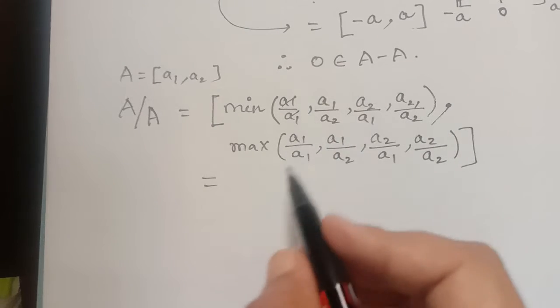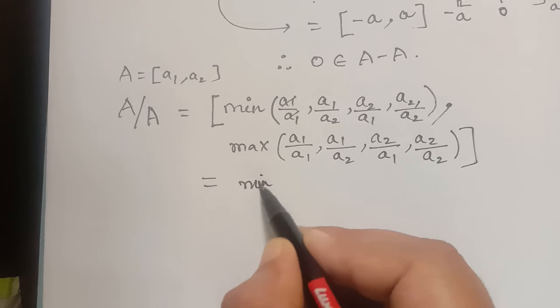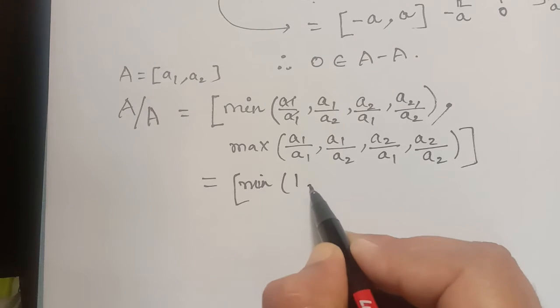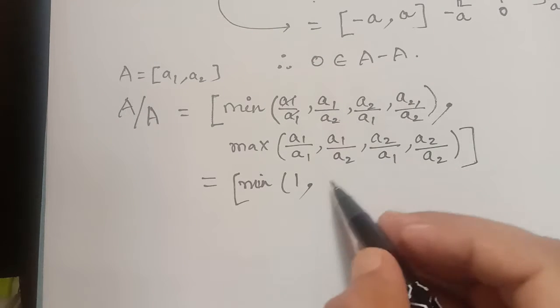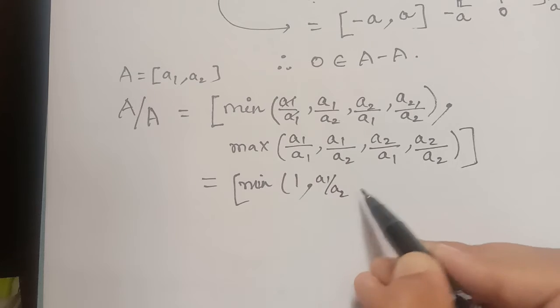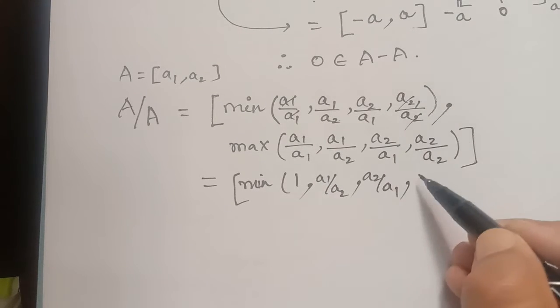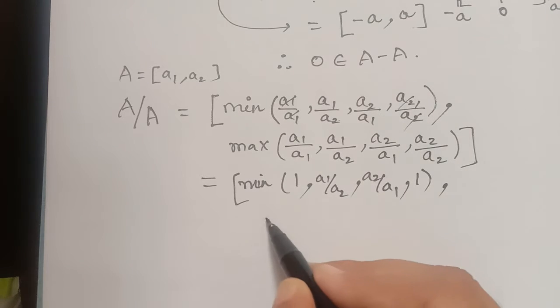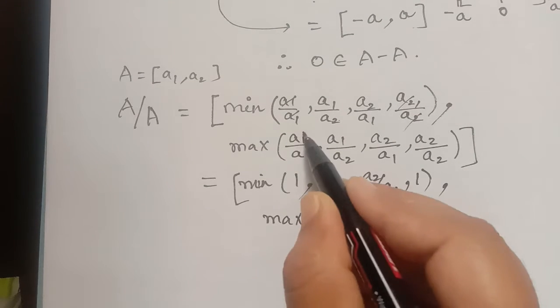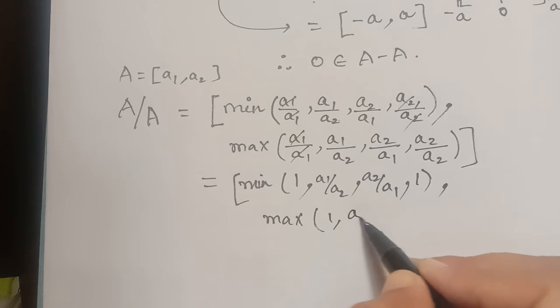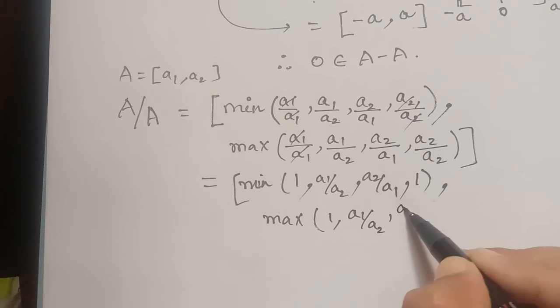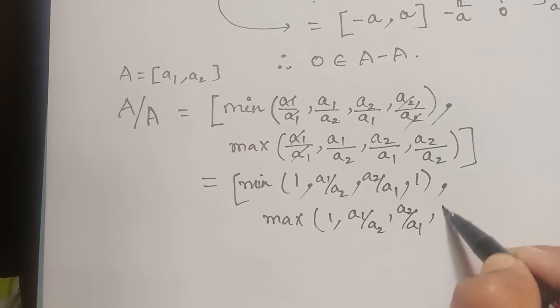Now a1 divided by a1 will be 1, then a1 by a2, a2 by a1, and a2 by a2 is 1. So the minimum of 1, a1 by a2, a2 by a1, 1, comma, the maximum of 1, a1 by a2, a2 by a1, 1.